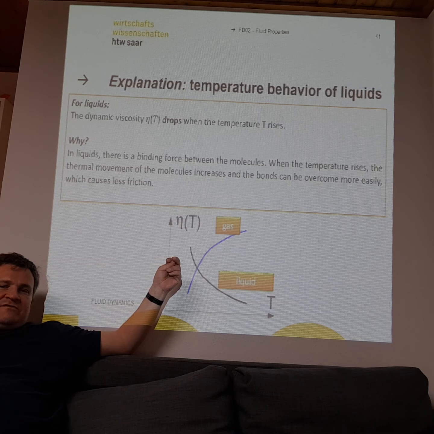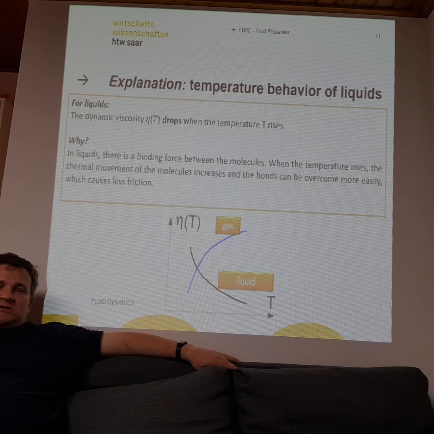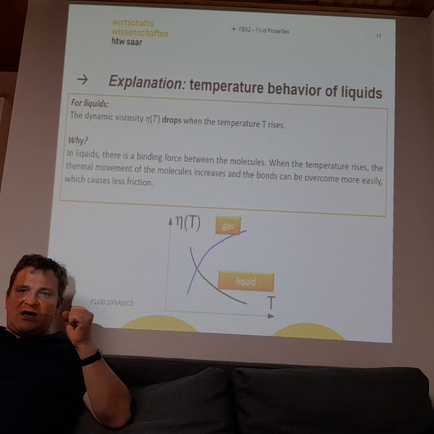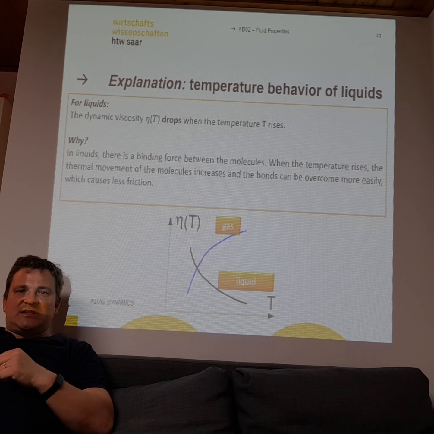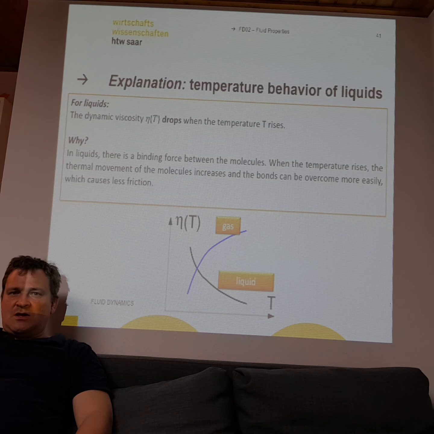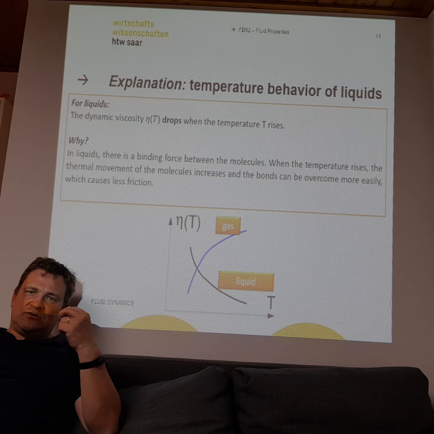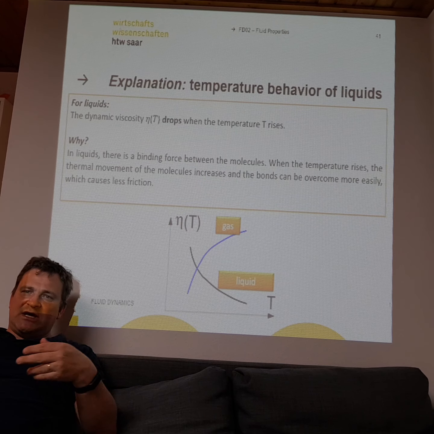But if we make the temperature higher, the molecules move very fast and they hit each other, and then we get a higher viscosity. Okay, that's a bit tough, I know, but you will have to know these circumstances. You get some tables and you have to look it up.